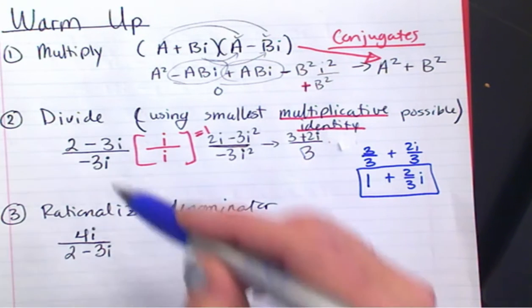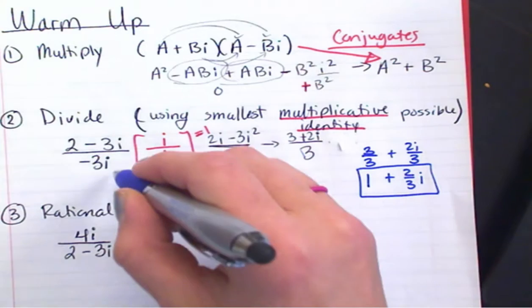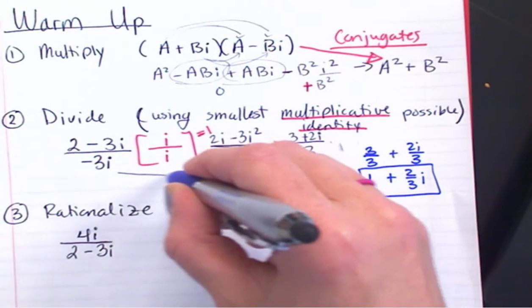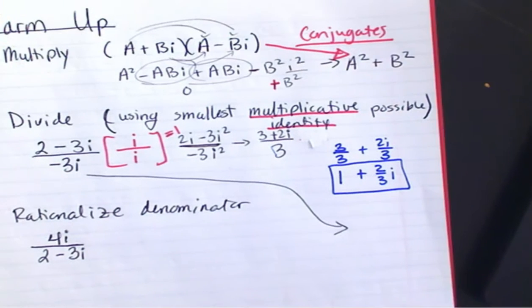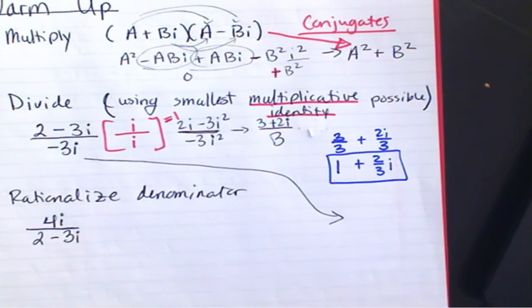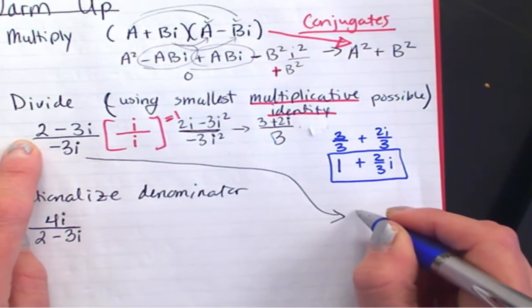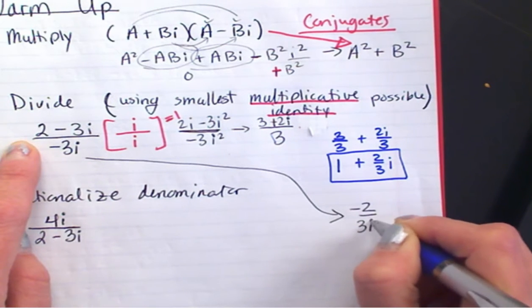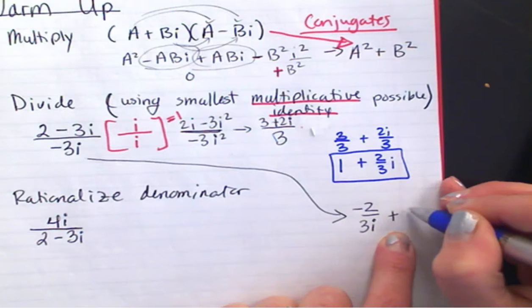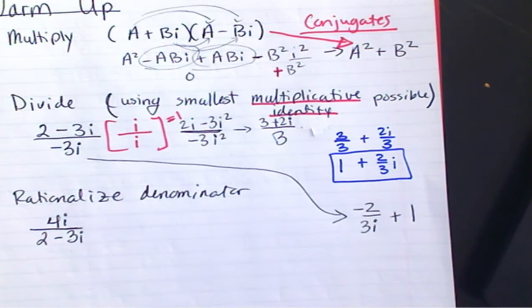Okay? What if, right, there's always multiple ways to your PEMDAS. As long as you do the rules correctly, it'll work. What if I do this? Minus 2/3i plus 1. Can I do this? Yes, because I divided the 3i in both places.